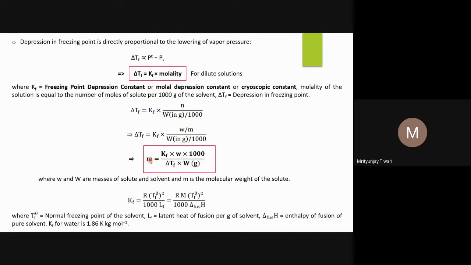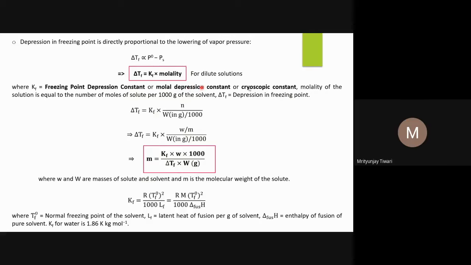So the aim of this formula is to obtain Kf. Kf is the freezing point depression constant, or the molar depression constant, or the cryogenic constant. You should remember all these three terms because sometimes in a numerical problem it may be written that the cryogenic constant for this solvent is this, and you should not get confused that it is something else. It is actually Kf.